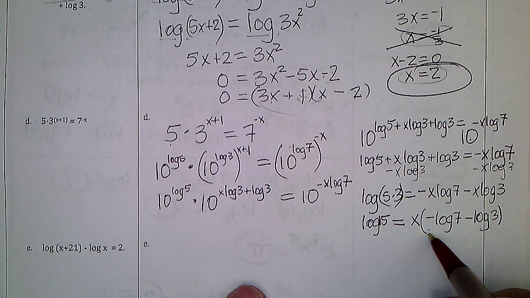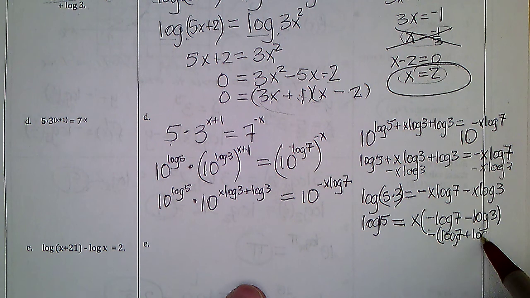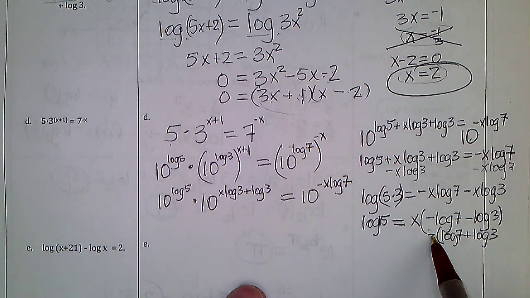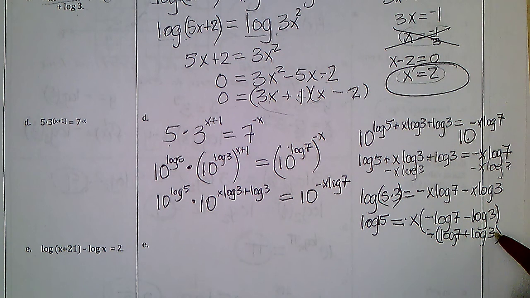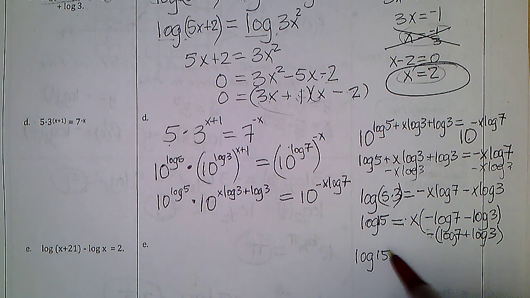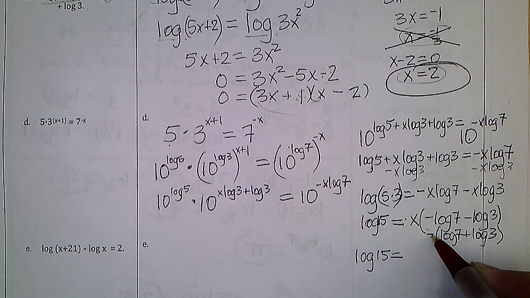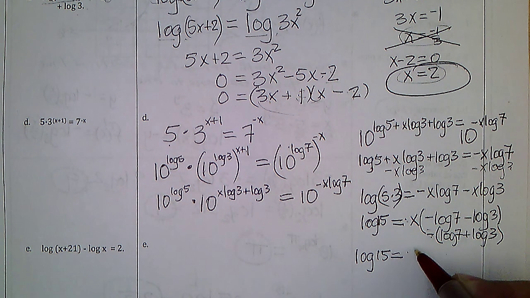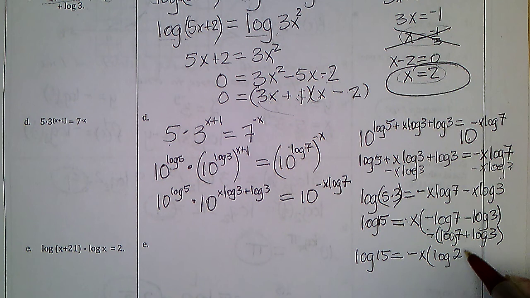Think of this as minus of log 7 plus log 3. You really should have factored out the minus. And so now the 7 is times the 3. So we get log 15 equals, I'm going to put the negative on the x. You could also leave it in there, but I'm going to write negative x times log 21.